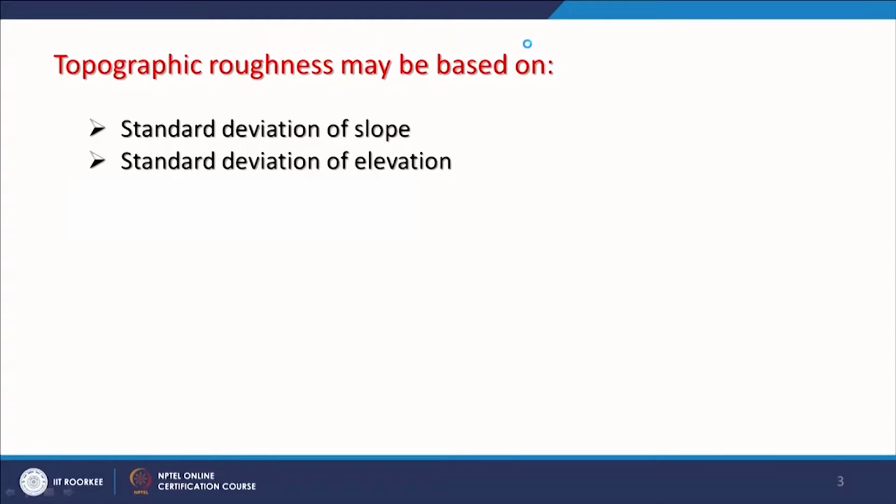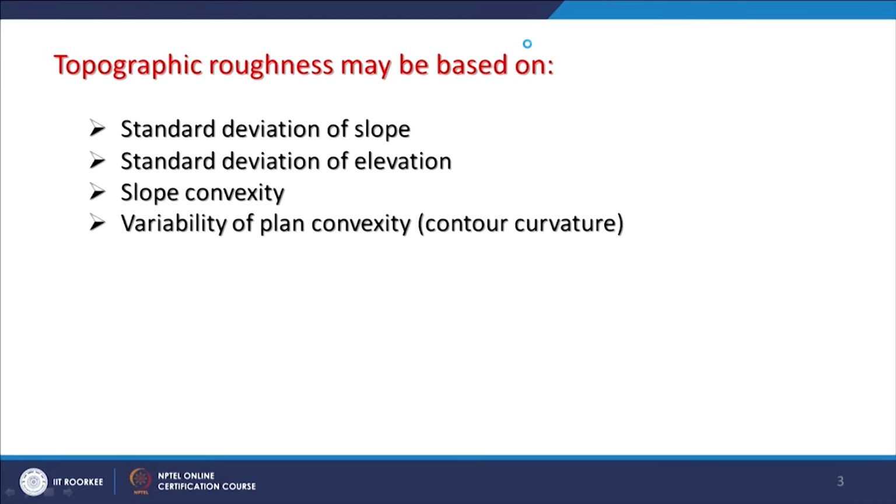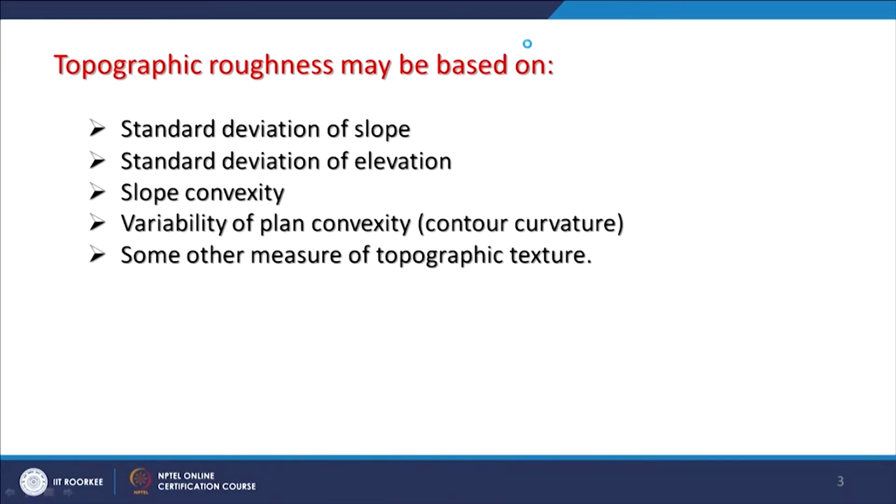Generally we go along the standard deviation of elevation, but it depends on requirements. The third way is slope convexity and then variability of plan convexity, that is the contour curvature, and then some other measure of topographic texture.